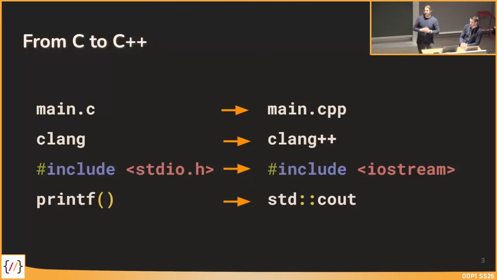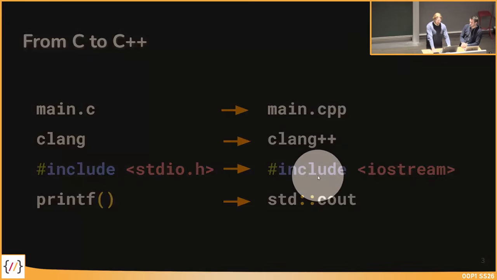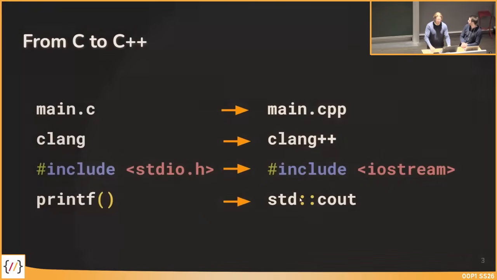We now have the output stream, and we write this as std, then, looks a bit strange at first, these two colons followed by cout. So this is the equivalent in C++ to printf in C. Whenever you want to print something to the console, we now use std::cout.